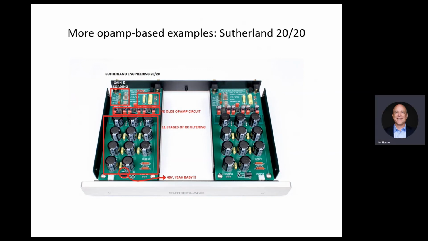A peek inside the Sutherland 2020. So Sutherland says, let me give you the best supply possible. So one solution that he came up with was batteries. I think C cell batteries. Yeah, a bunch of them. And then he came up with this and claimed that this is actually lower noise. And the way you make it lower noise is you start at 48 volts and you drop it down because you have 11 stages of RC.